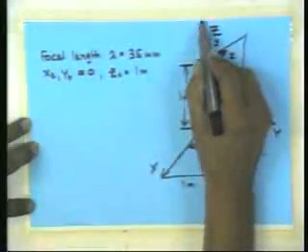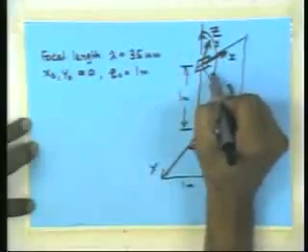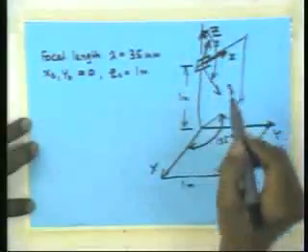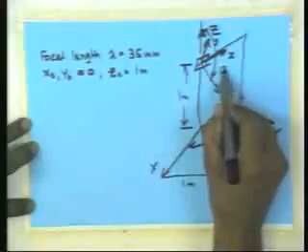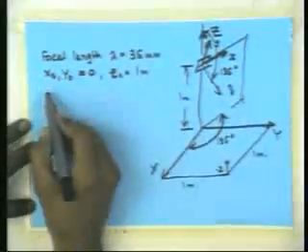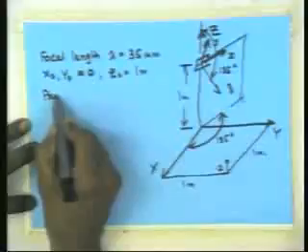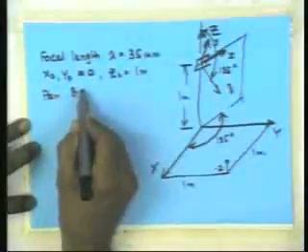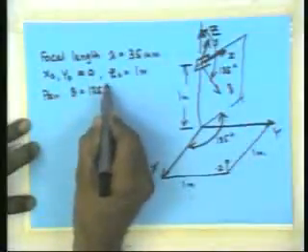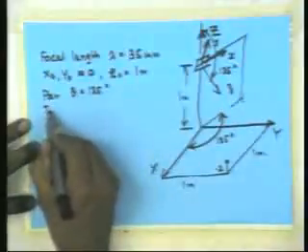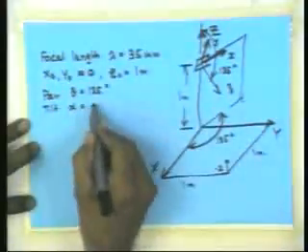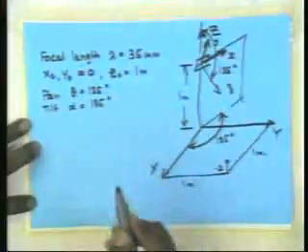So we are talking about angle here. Okay, so that is also, I have taken 135 degrees. So we have pan angle theta is equal to 135 degrees and tilt alpha is equal to 135 degrees.